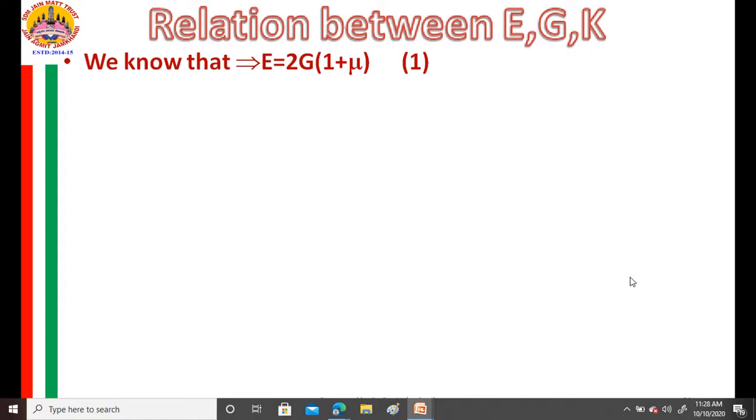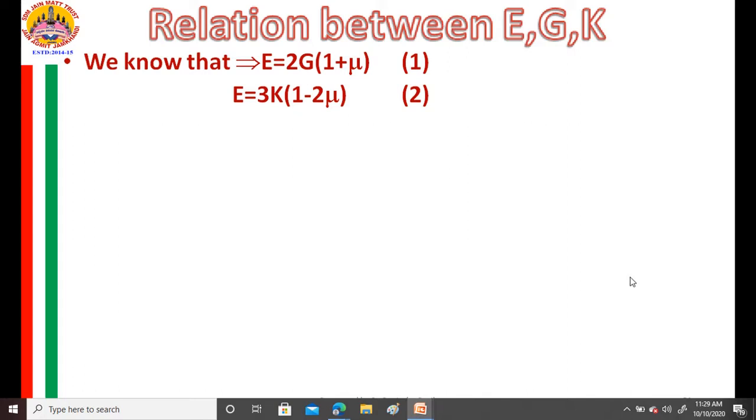Yes, we know that E is equal to 2G into 1 plus mu, and one more relationship is E is equal to 3K into 1 minus 2 mu. Now eliminate the value of mu from both the equations.